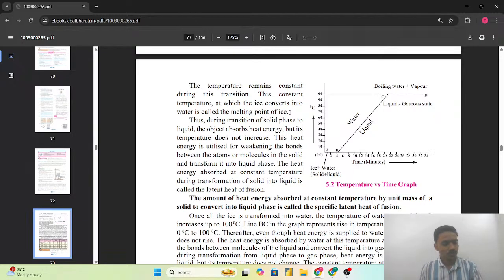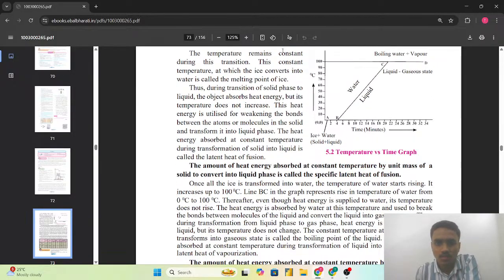So, from this experiment, we understood that we have to plot the graph of temperature versus time. Here in figure 5.2, they have plotted the graph of temperature versus time. Here the temperature scale is marked in terms of 10, 20, 30, 40, 50 degrees Celsius up to 100, at intervals of two.